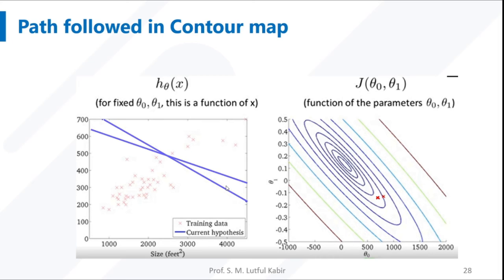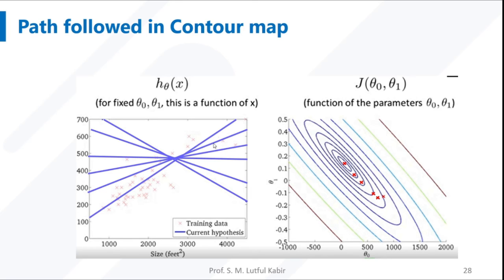If I take another line which is a flat line, of course it's better than the previous two, so it has moved again to another point in the contour plane, and it is heading towards the minimum point. If I progress similarly with the other lines, you can see the progress in the contour map, and the point, the red cross, is moving to the minimum point.